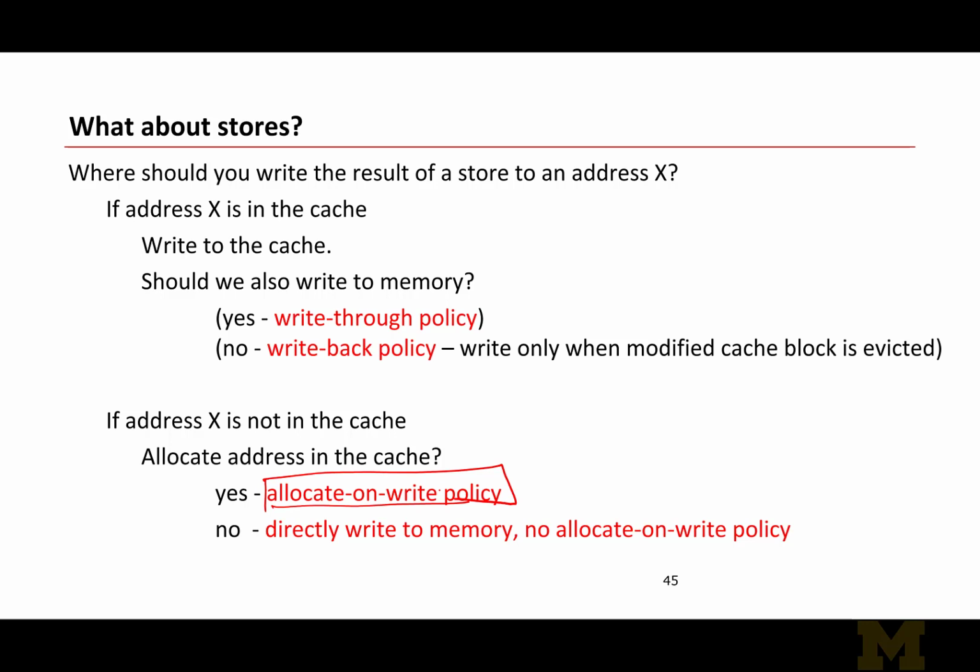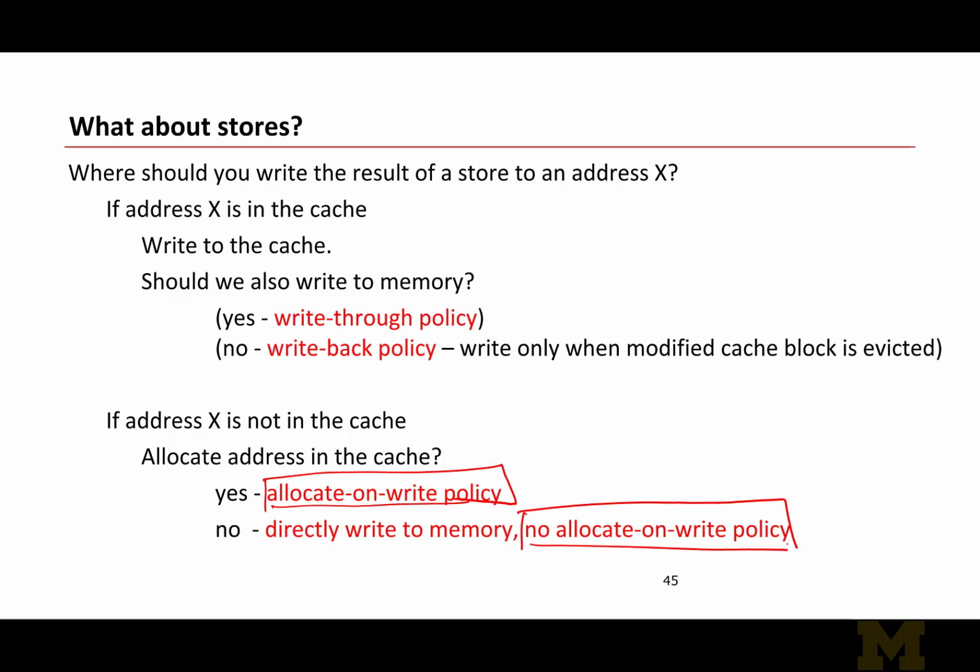But if I choose not to allocate a cache block for a store that misses the cache, that is called no write allocate policy. And in some systems, they observe that writes don't necessarily mean that I'm going to be using the data in the near future, and so they may choose to go with the no write allocate policy.